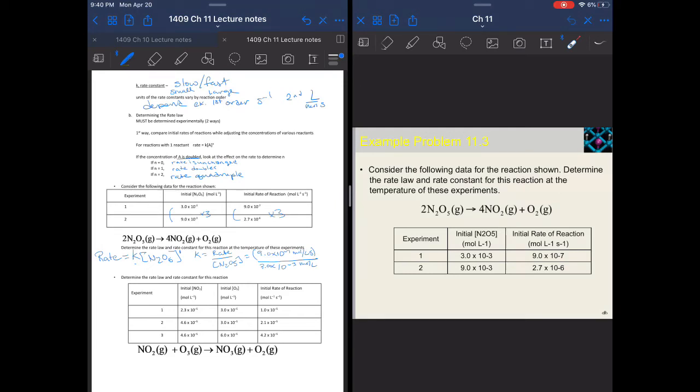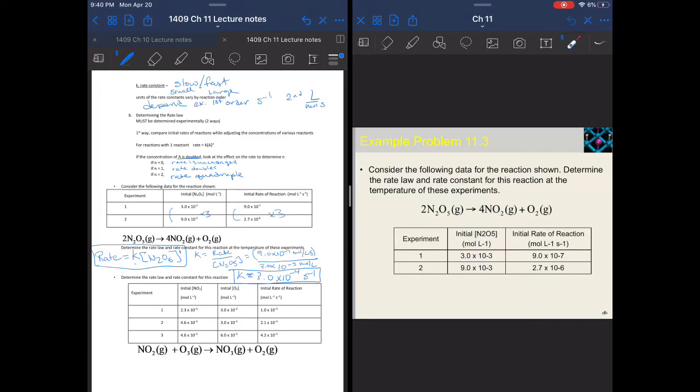All right, and so K equals 3.0 times 10 to the negative 4 inverse seconds. So I know my rate law and I know K. Now you should get the same K value no matter which experiment you use.